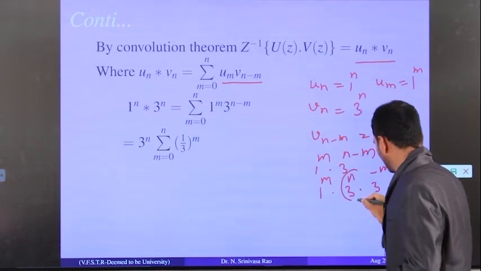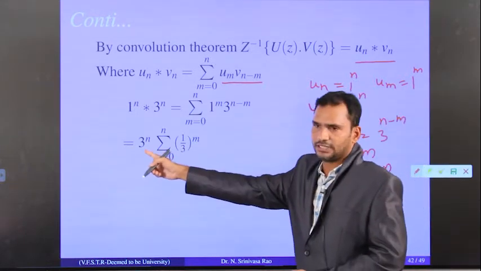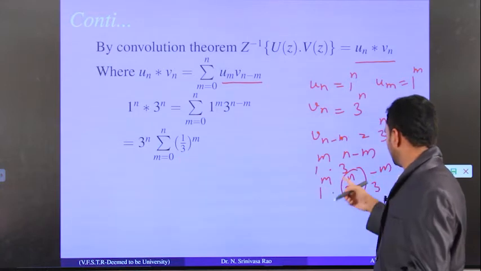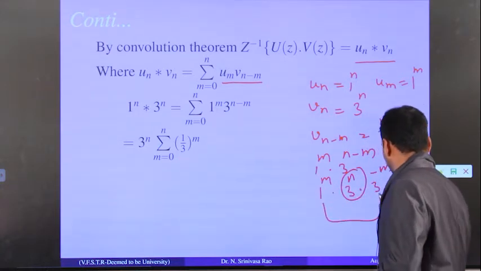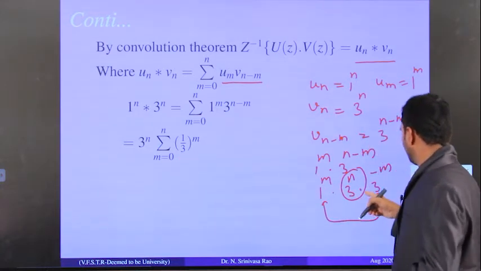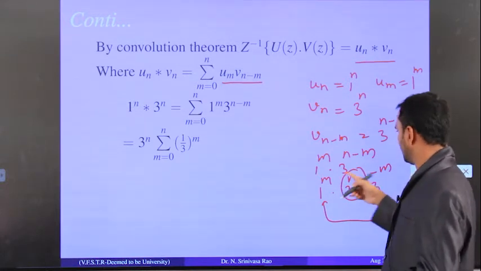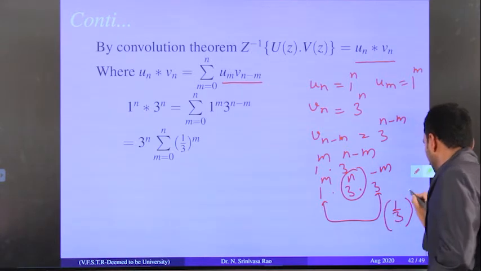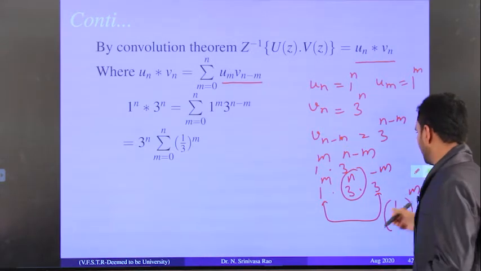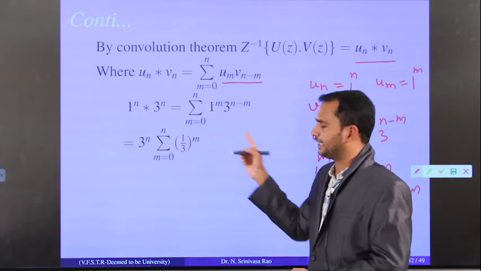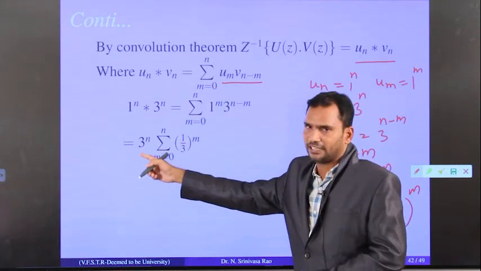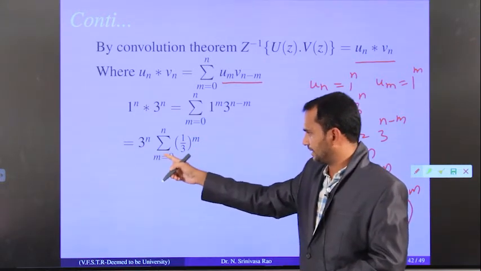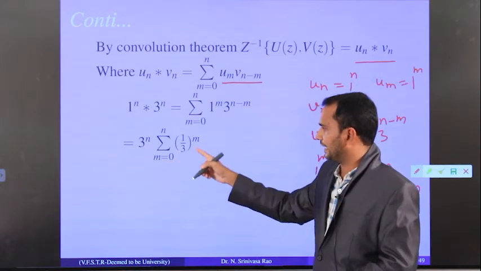Since n is constant, you can take 3 power n out. What remains is 1 power m into 3 power minus m, which can be written as 1 by 3 whole power m. Therefore the final value is 3 power n into sigma m equal to 0 to n of 1 by 3 whole power m.